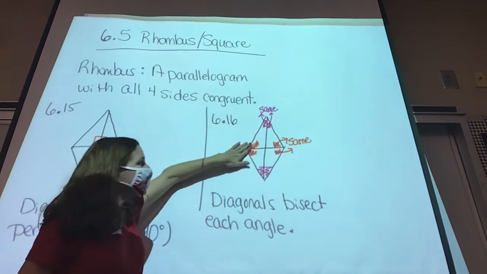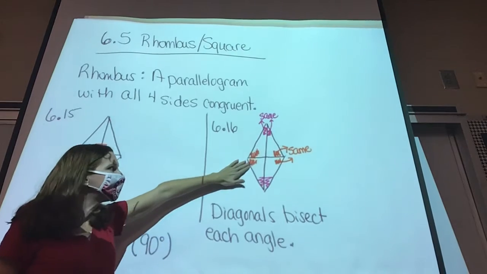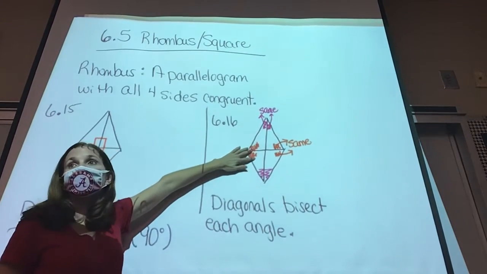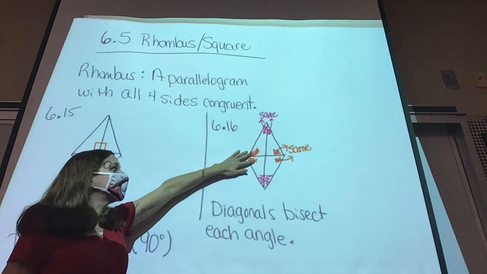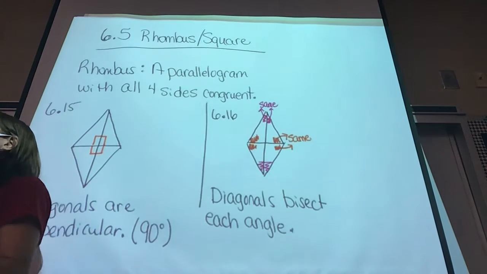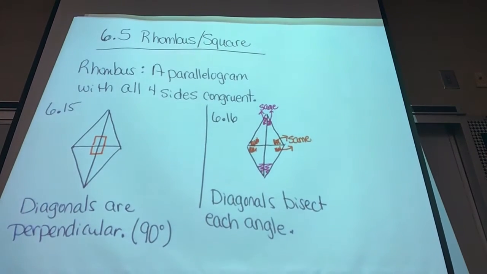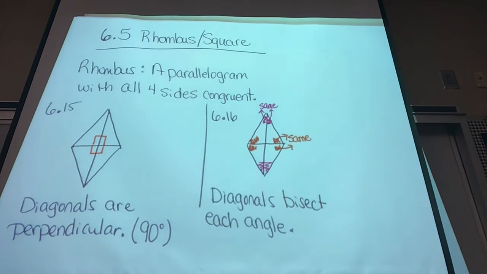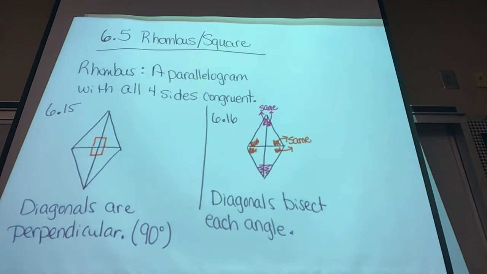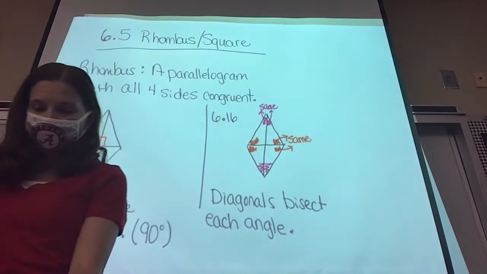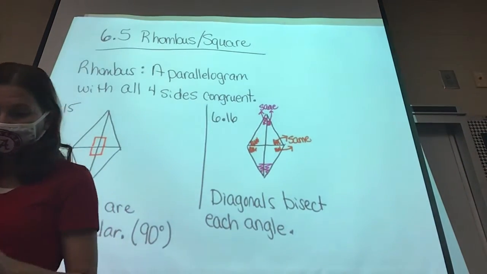So if I said this whole angle over here is 60 degrees, what does that mean each piece is? 30. Okay, so you got to pay attention. If they tell you the whole thing is something, then you got to know that you got to half that, and you immediately know what each piece is. So, let's use this and let's actually look at a problem.